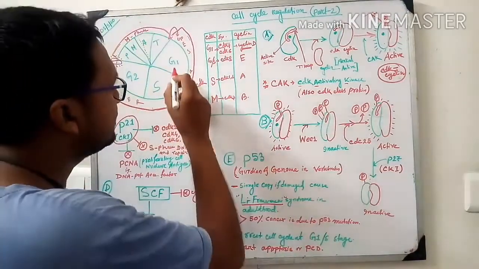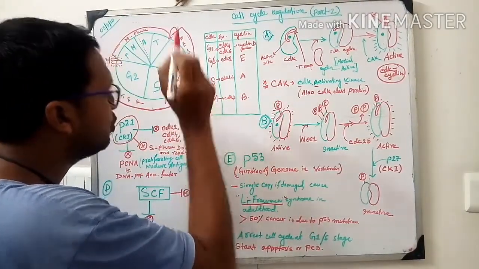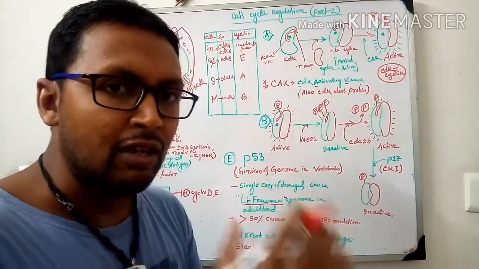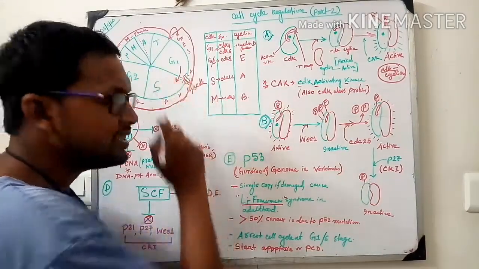So the cell runs from G1 to S phase and passes the G1/S checkpoint.